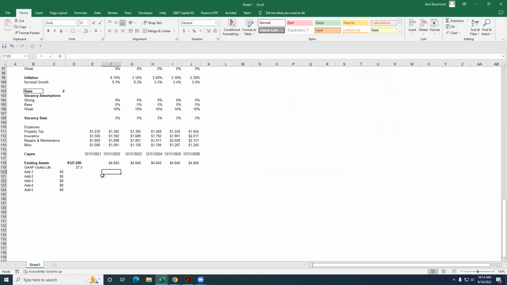If we had additions in this year, then it would be included here. So F4 divided by that. And if we had additions here, the depreciation would be included in this year.